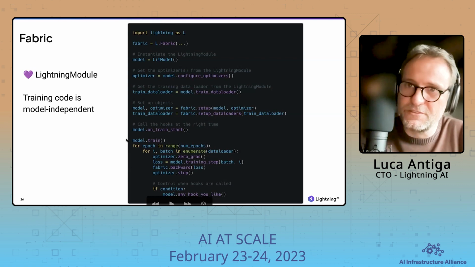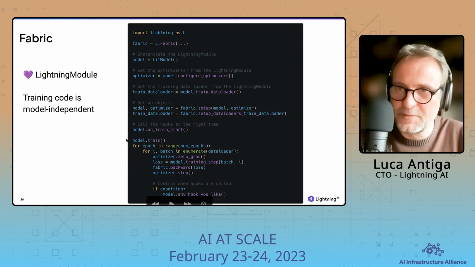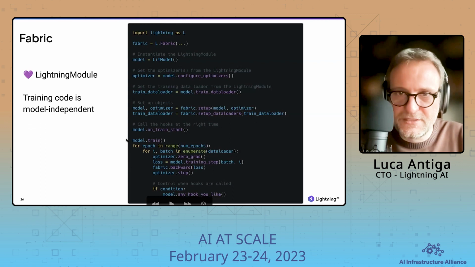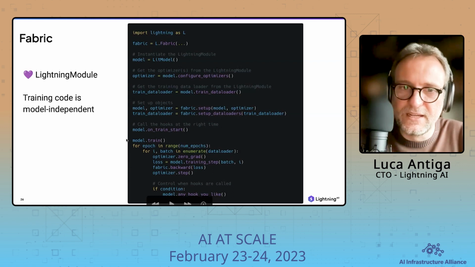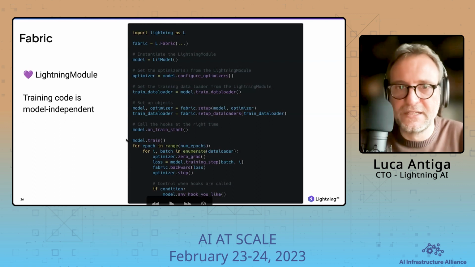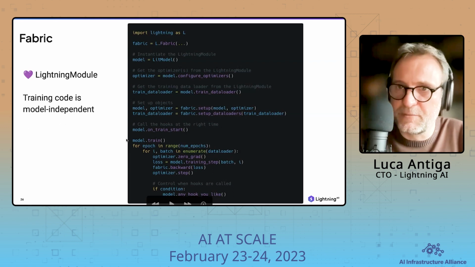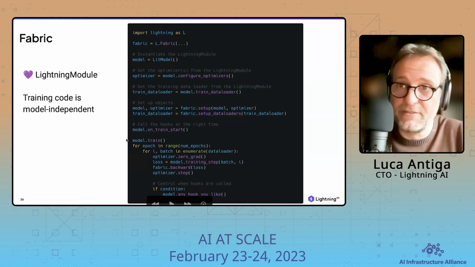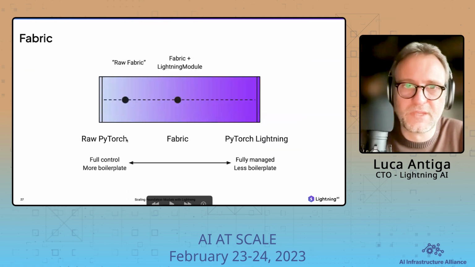Otherwise, you should look into Fabric to say, okay, I have a reinforcement learning problem, and I want my agents to be organized in a certain way and to interact with the environment and so on. You have full control of that, but you can still use the Fabric facilities to remove the boilerplate from your code, and eventually even use a Lightning module to do that.